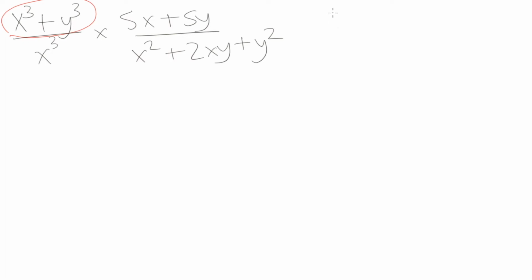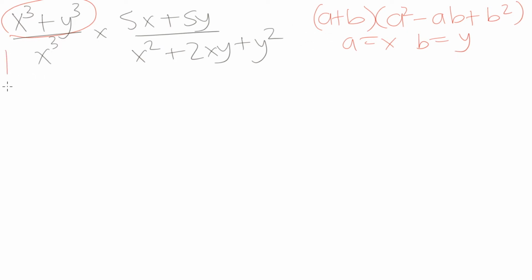And let's just write down our sum of cubes formula here. So when we're taking a sum of cubes, we're going to have a plus b multiplied by a squared minus ab plus b squared. And here our a is equal to x and our b is equal to y.